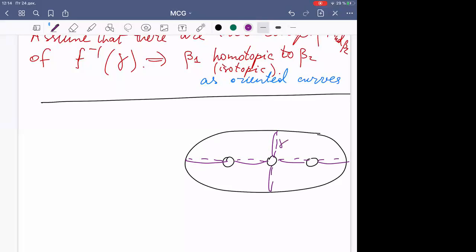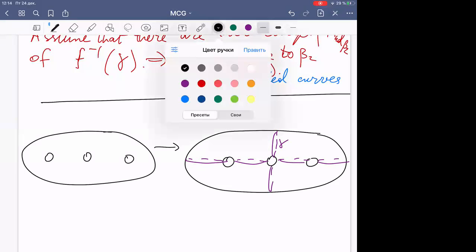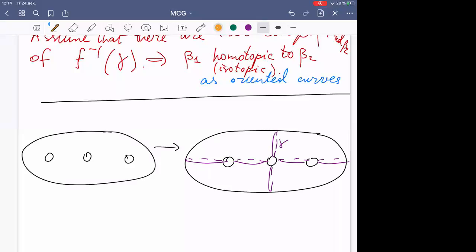And for each of these curves, its pre-image is a single curve here, which maps onto this gamma with degree 1.